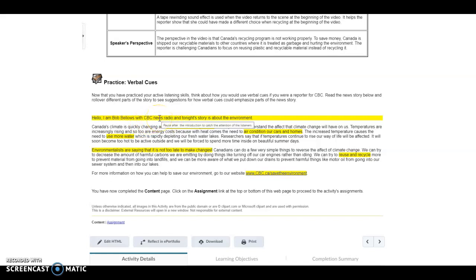Well, if we scroll over here, it says you could pause after the introduction to catch the attention of the listeners. What could you do when you mention air conditioning in cars and homes? Well, you could include background sounds of sprinklers and air conditioners to emphasize what you're saying. So the idea here is to just see the different verbal cues that you could add to a news broadcast.